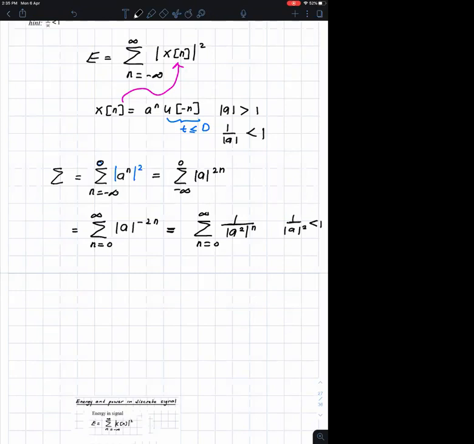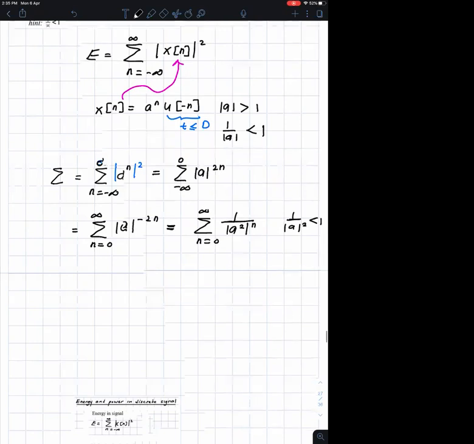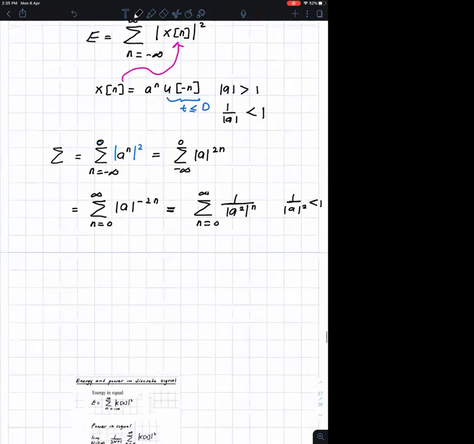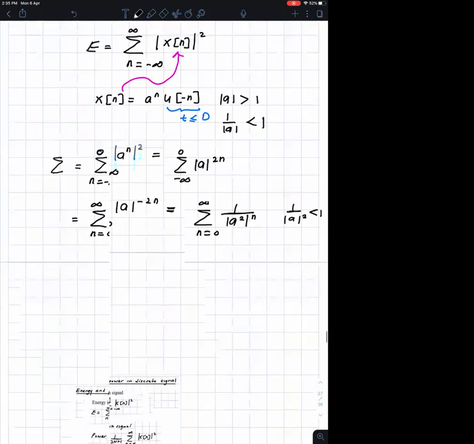If that is so, 1 over a squared is still less than 1. Okay, there's a mistake here.